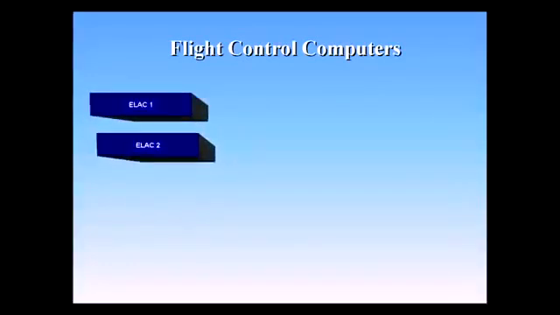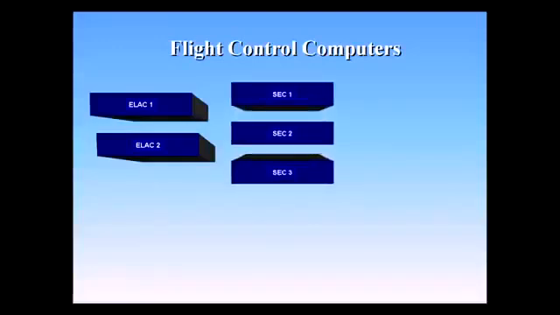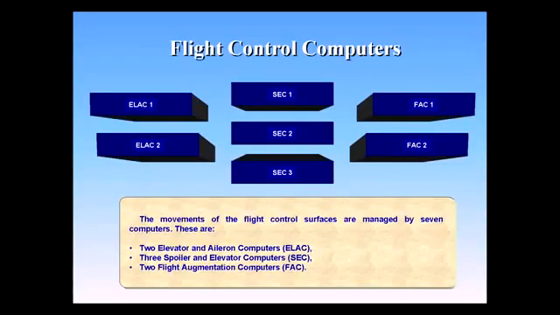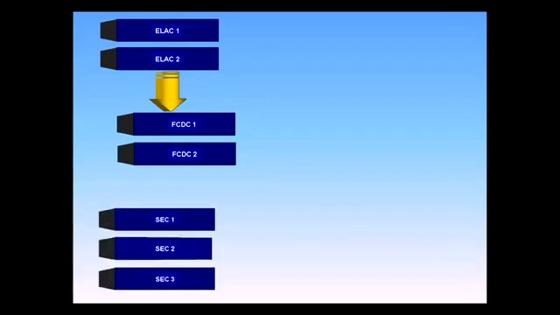These are 2 elevator and aileron computers, ELAC, 3 spoiler and elevator computers, SEC, 2 flight augmentation computers, FAC. In addition, 2 flight control data concentrator computers are used to acquire data from the ELACs and SECs. Then they send it to the electronic instrument system.